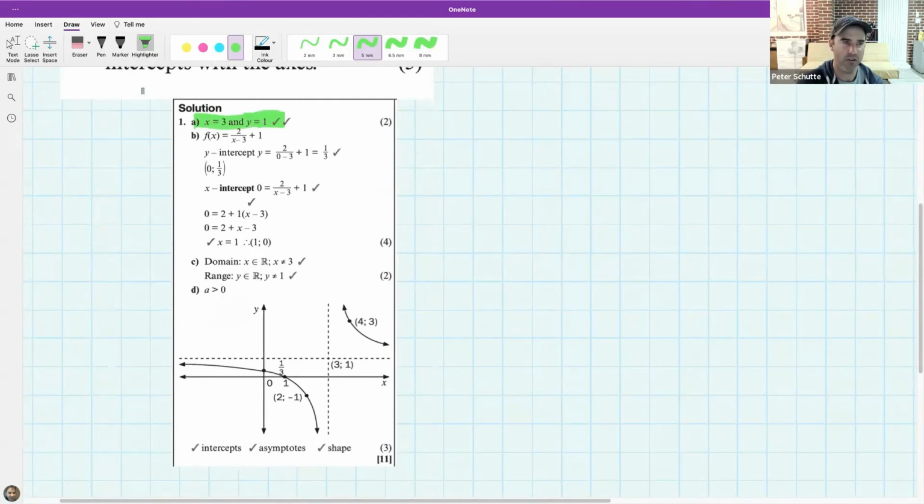Now, what you notice is that when you're drawing your graph, you should have a dotted line for x is 3 over here, and you should have a dotted line for y equals 1. So take a moment, make sure you see the two asymptotes.